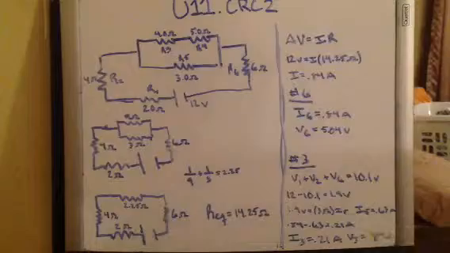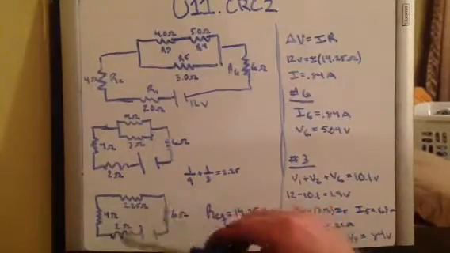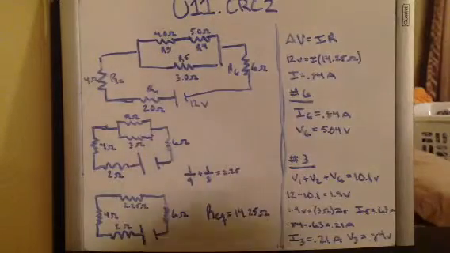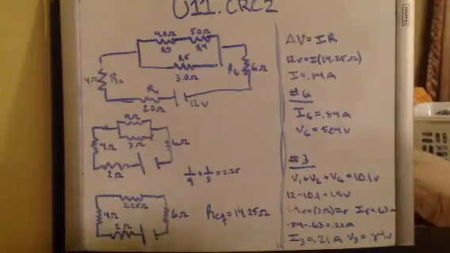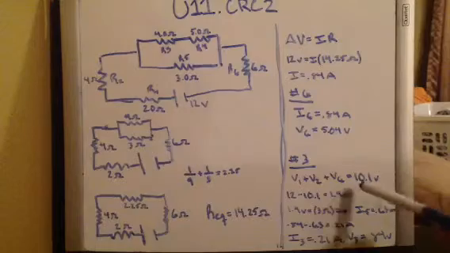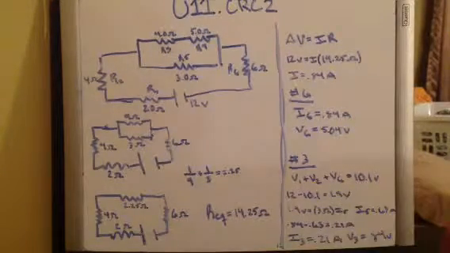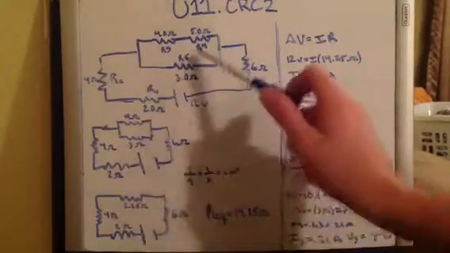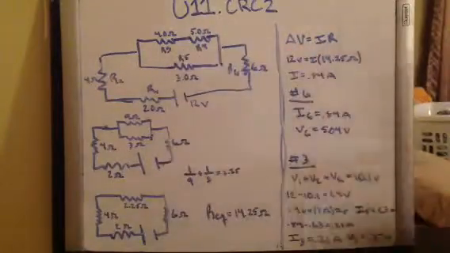So we take the voltage across these three resistors, R1, R2, and R6, and subtract it from 12, and that gives us 1.9 volts. That means that this 1.9 volts is the potential difference in this resistor here. This resistor here is, in fact, this resistor here.